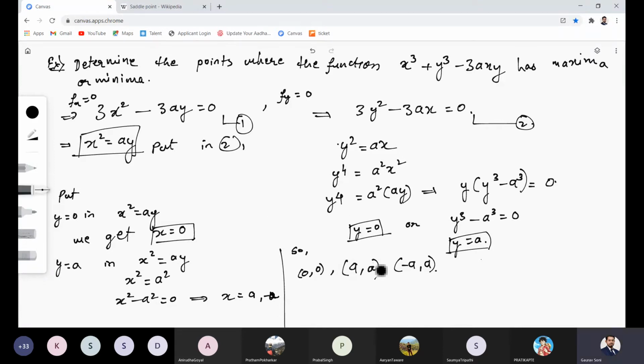Make the table properly. Give the conclusions fast. Sir, minima at a comma a. Minima at a comma a. Okay. And the other two are saddle points. The other two, a comma minus a, are saddle. Sir, it's minus a, so it will be saddle, yes.